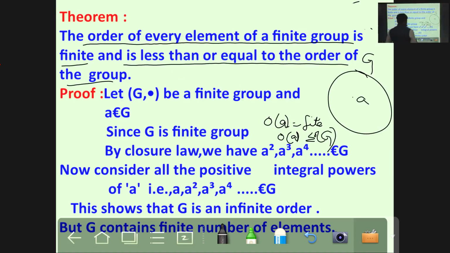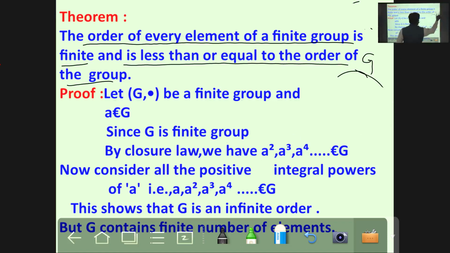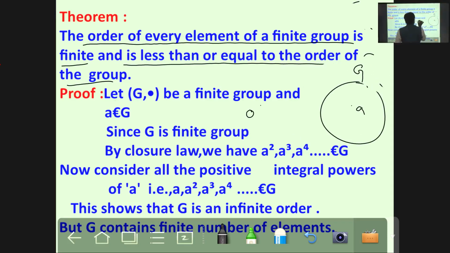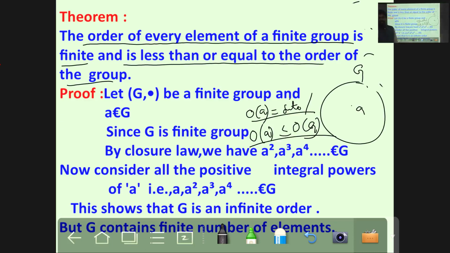I repeat once again: the first case is that the order of a is finite; the second case is that the order of a is less than or equal to the order of G. This is the theorem.